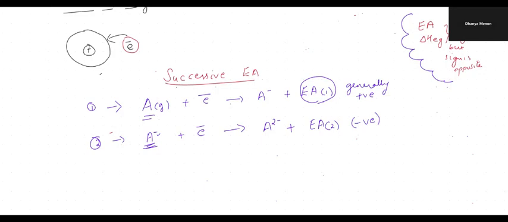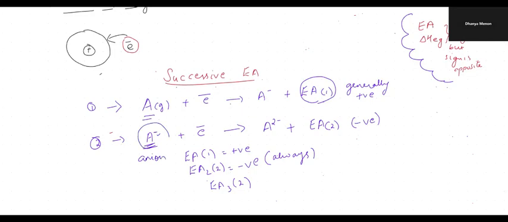So always EA1 is positive and EA2 is negative, always. So what about EA3? Adding electrons to the anion A minus is so difficult. What about adding electrons to A2 minus?